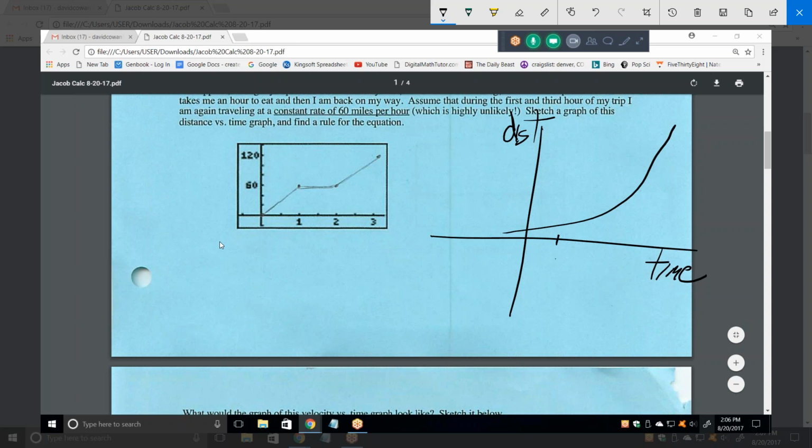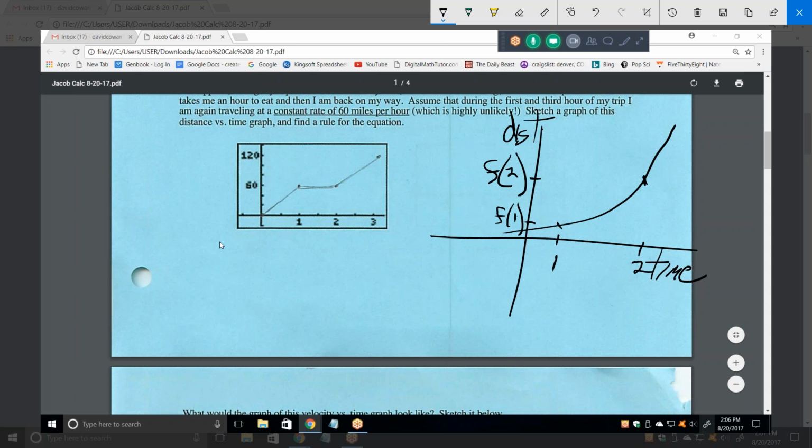So if I wanted to say how far I've gone between hours 1 and 2, that would be f of 1. That would be f of 2, correct? Whatever that function is, I don't need to know that function. I just need to know that it's a function.